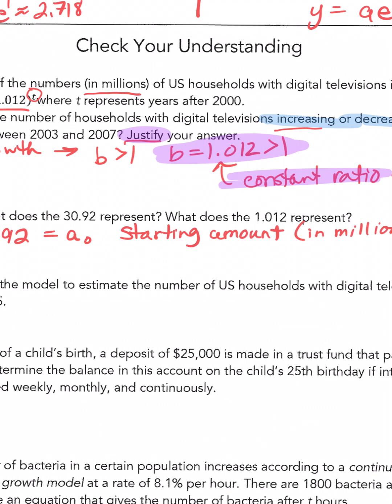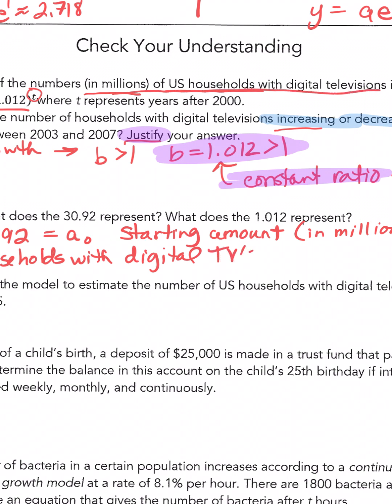This is where we just write what they say. I'm literally taking U.S. households, in millions, with digital televisions. Since this is the starting amount, this would be in the year 2000. We need to specify when, okay?